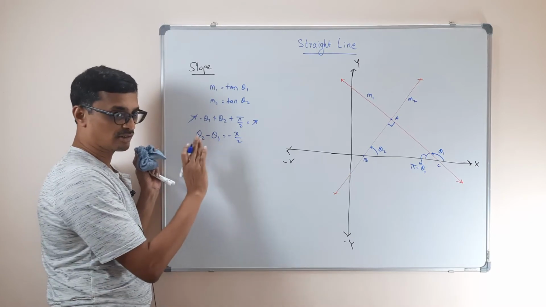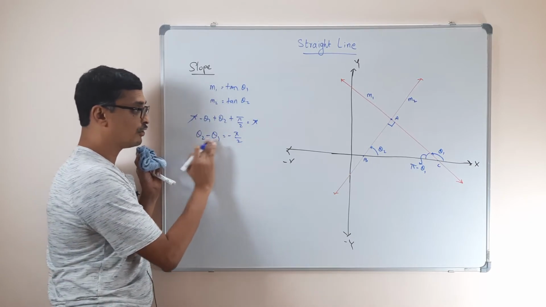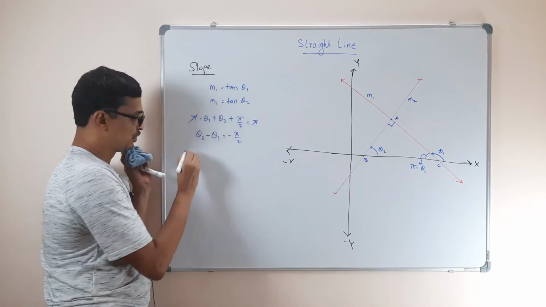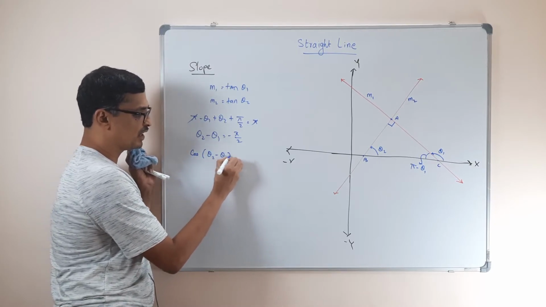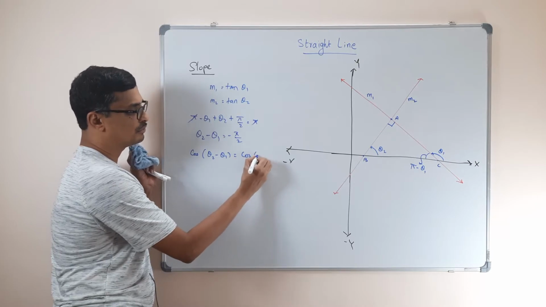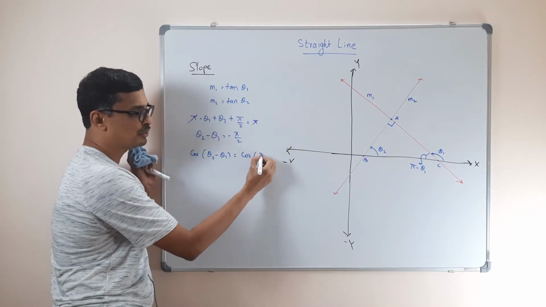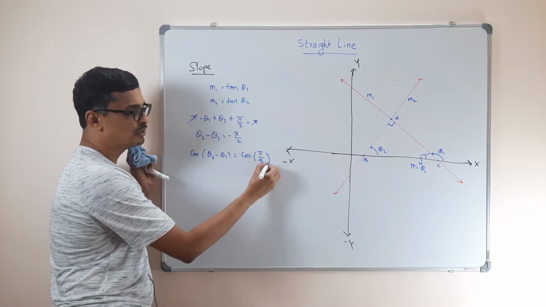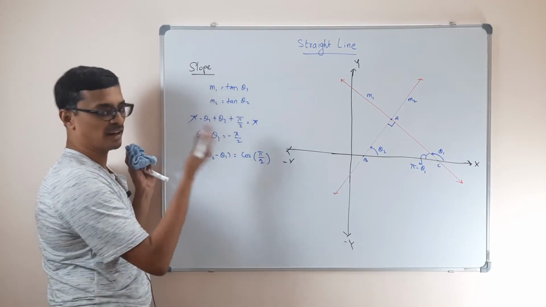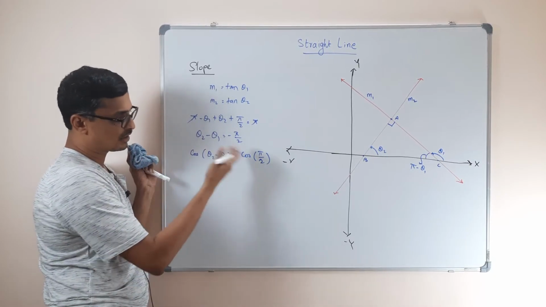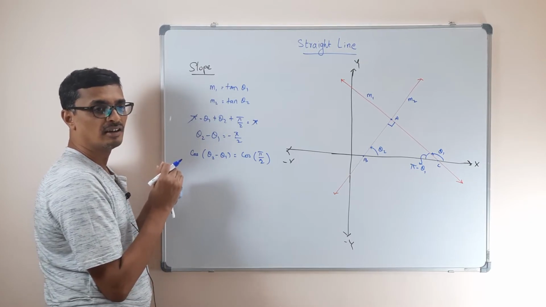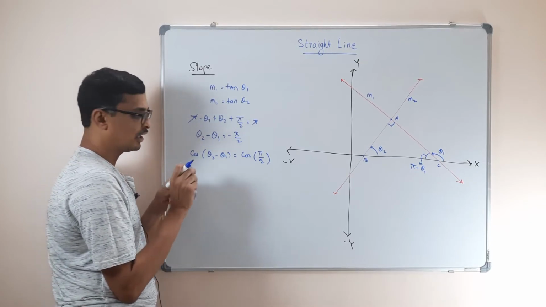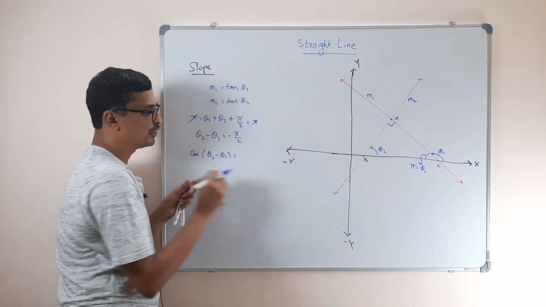Why I am saying we don't have to bother is, let me take cos of both sides. Cos of theta 2 minus theta 1 equal to cos of minus pi by 2, which doesn't matter, since cos of minus theta is equal to cos theta. Cos of pi by 2 is equal to 0.